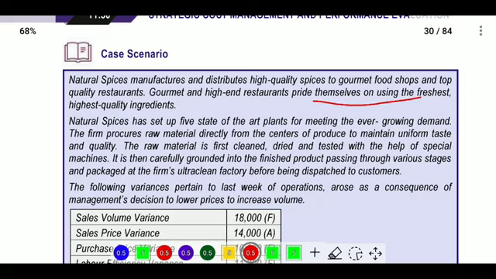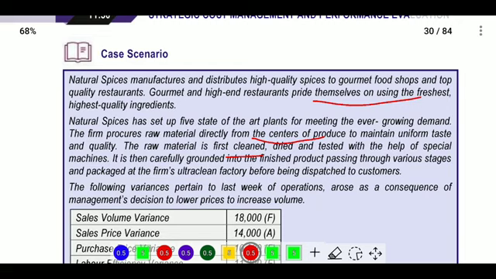Next, Natural Spices has set up 5 state-of-the-art plants to meet ever growing demand. The firm procures raw materials directly from the centers of produce to maintain uniform taste and quality. The raw material is first cleaned, dried and tested with the help of special machines.